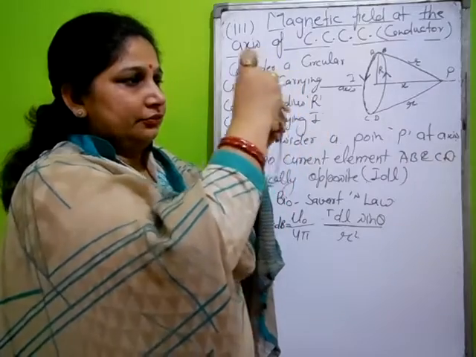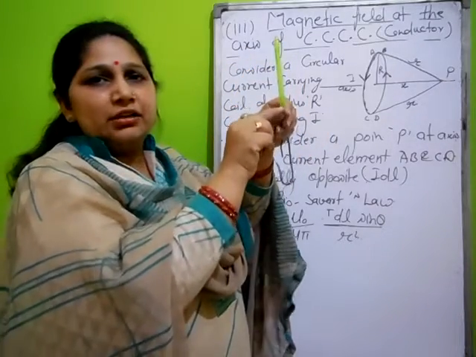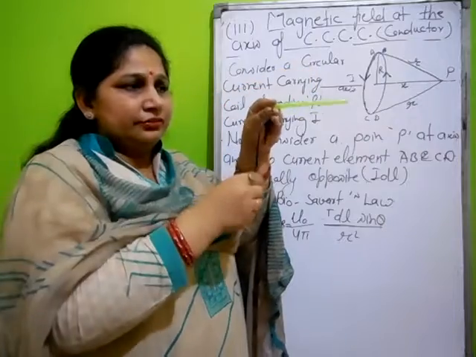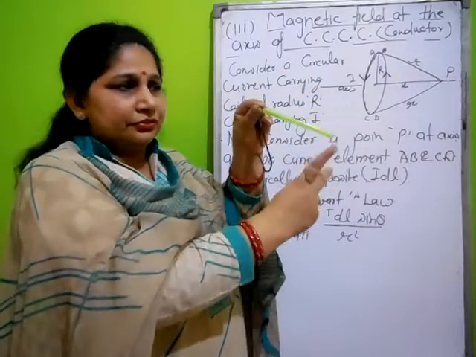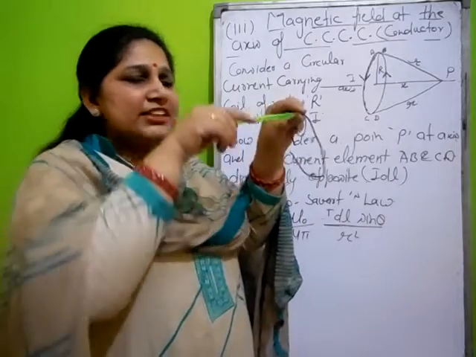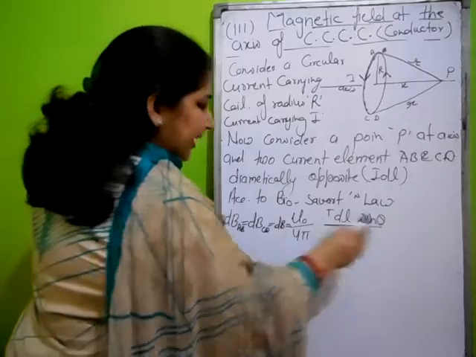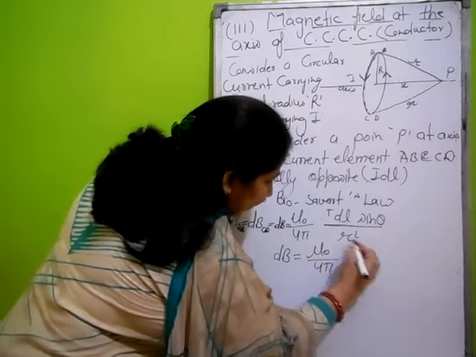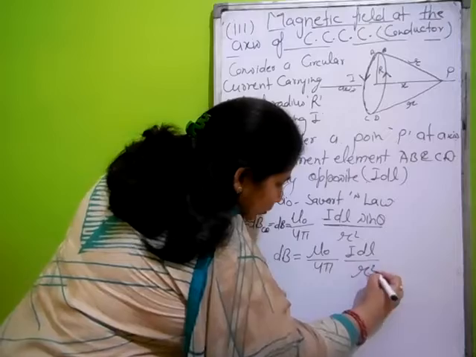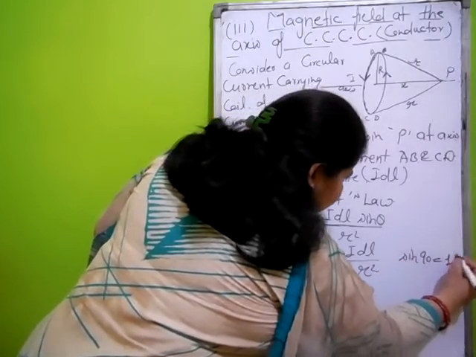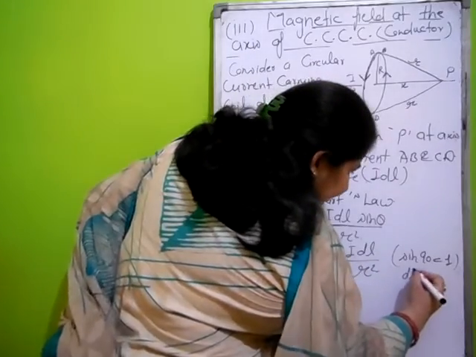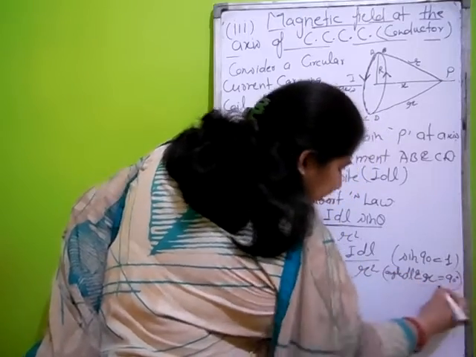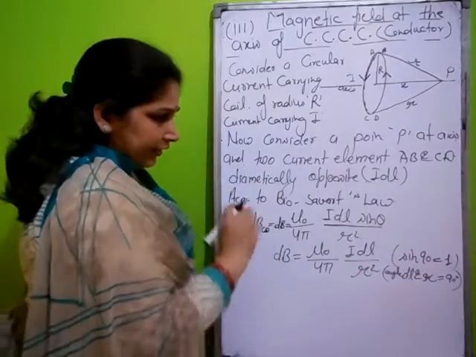If we rotate it, it will always be 90 degrees. So sin theta is sin 90, and dB is equal to mu naught upon 4 pi, I dl upon r square, as sin 90 is equal to 1 and the angle between dl and r is 90 degrees.